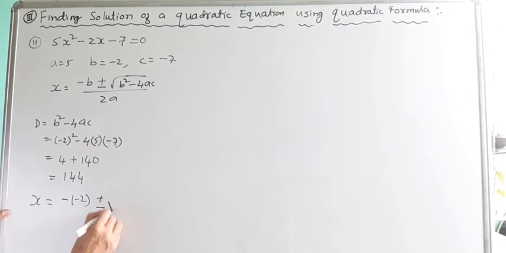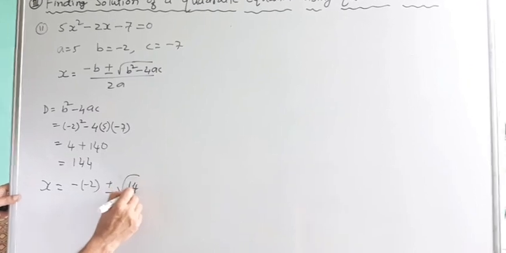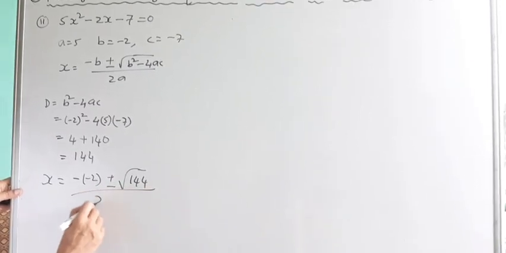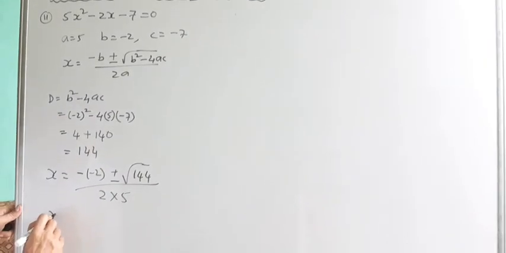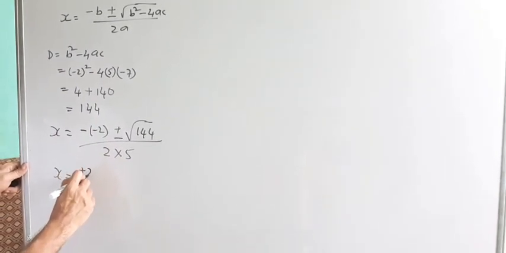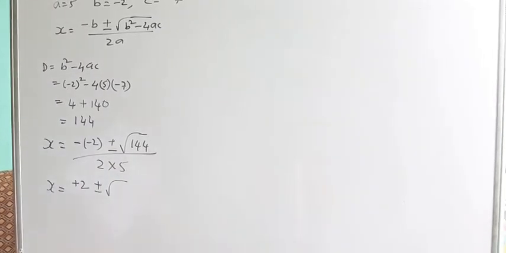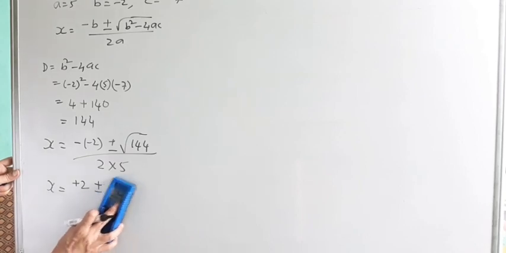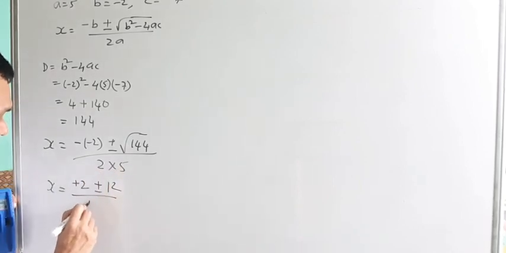Plus or minus root of b square minus 4ac, which is 144, upon 2 into a, which is 5. Therefore x is equal to minus of minus gives us plus 2, plus or minus root of 144. Root of 144 is 12, so we can write 12 directly here, upon 2 5s are 10.